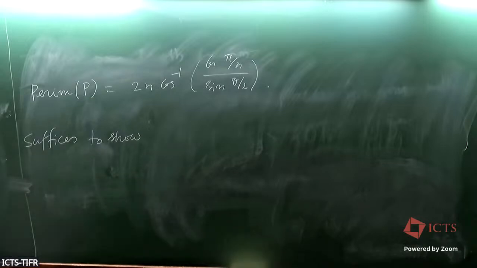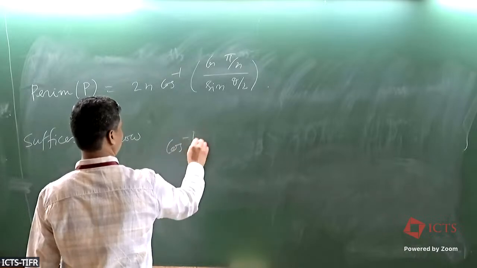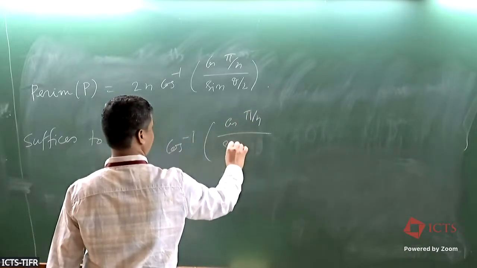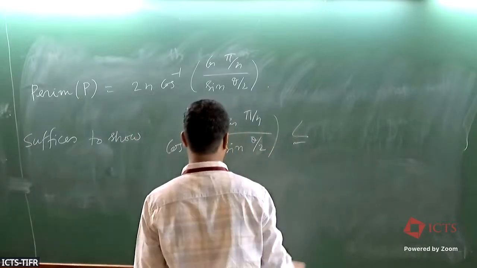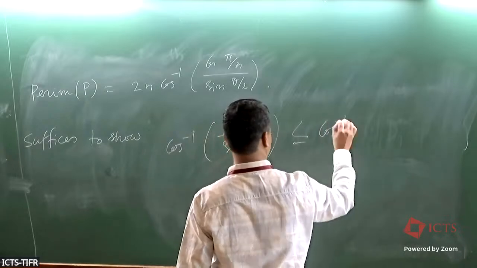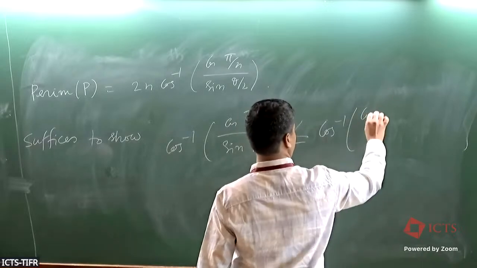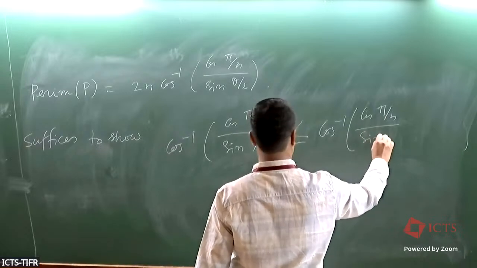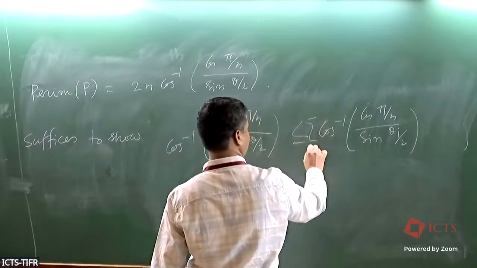of P2, and so it suffices to show that cos inverse of cos pi over n over sine theta over 2 is less than or equal to the sum of cos inverse of cos pi over n over sine theta i over 2, summation over i equal to 1 to 2.